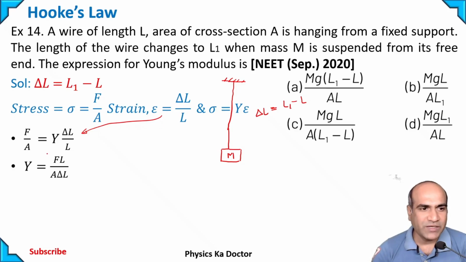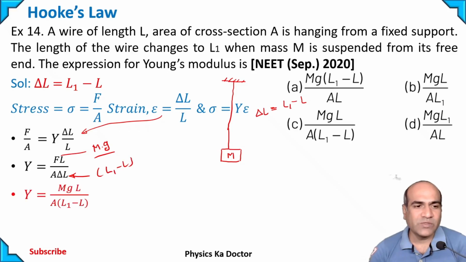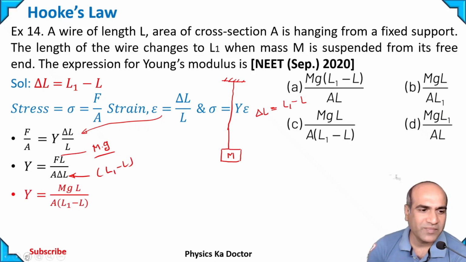Now just put it here. Y is equal to F L by A delta L. What is F? Mass multiplied by gravitational acceleration. What is delta L? It becomes L1 minus L. Put this value here.